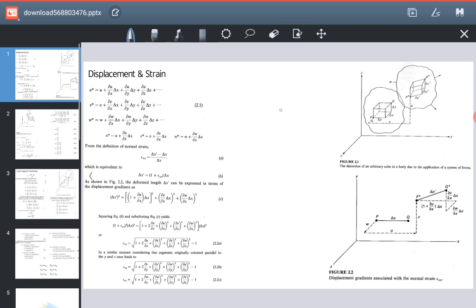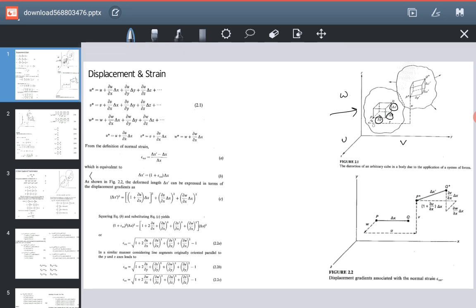Okay, so here we have considered this situation. You can see that we have point P and point Q located in a certain cube which has dimension delta x along x, delta y along y, and delta z along the z axis. And whatever change is produced in x will be called u, whatever change is produced in y will be called v, and whatever change is produced in z will be called w.